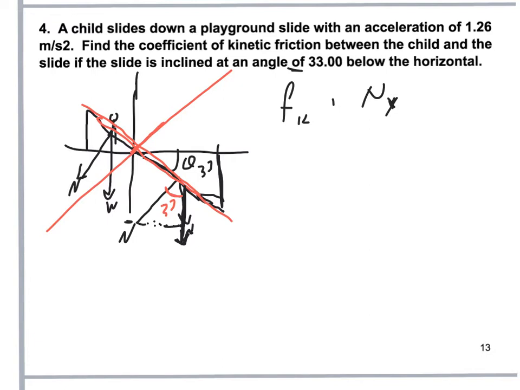And then when we take a look at our triangle here, we want to sum the forces in the x and y direction.